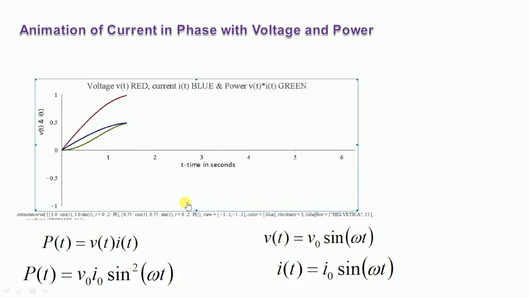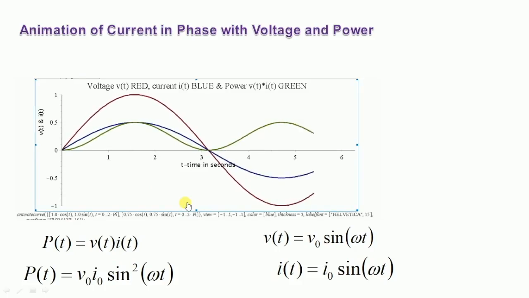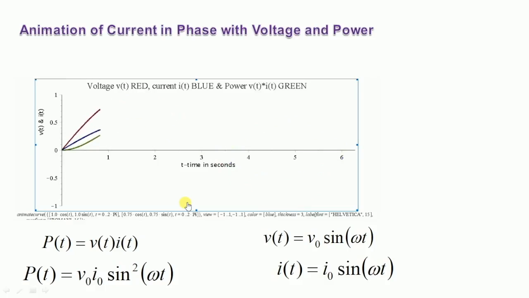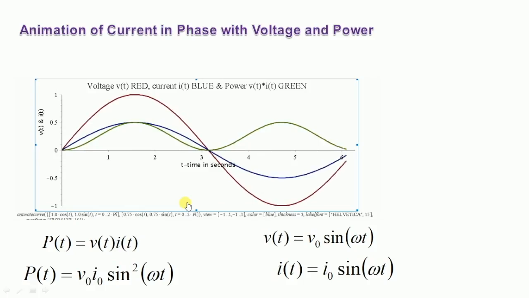Now the third green color line is representing power, and the power is fluctuating in the circuit. Here it is flowing always above the x-axis, time axis.